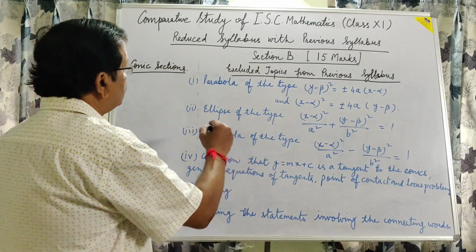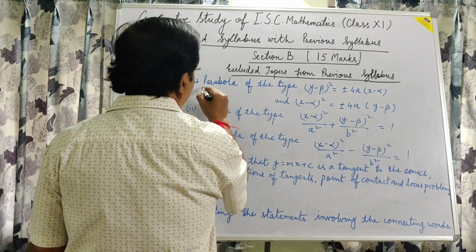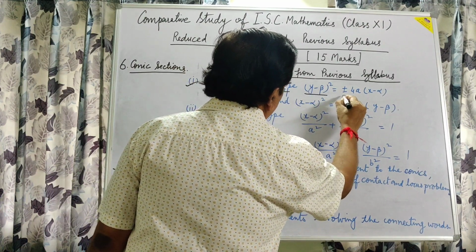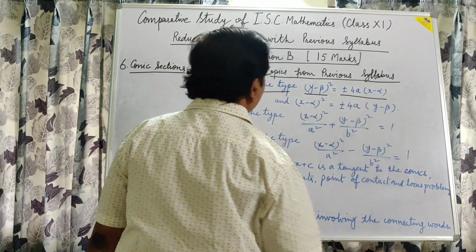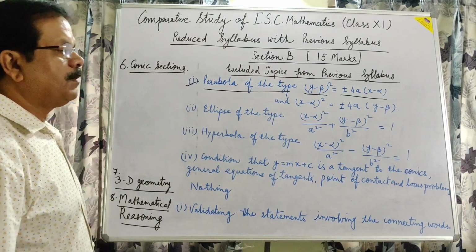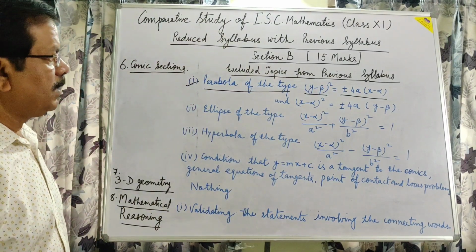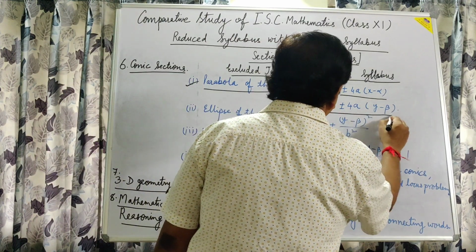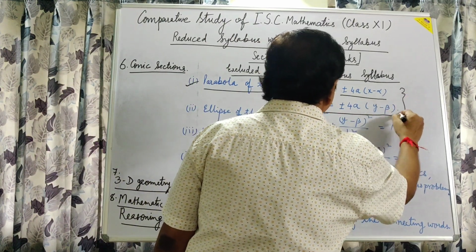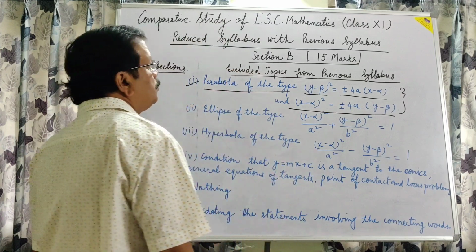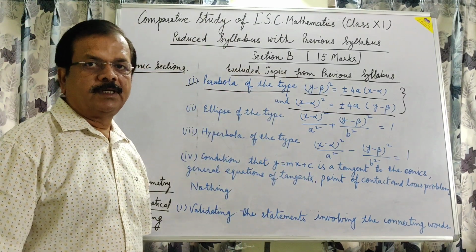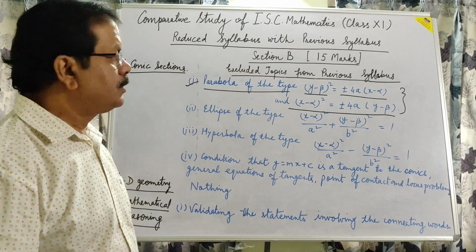That is, first one, parabola of the type (y minus beta) whole square equals plus minus 4a (x minus alpha), and (x minus alpha) whole square equals plus minus 4a (y minus beta). These 2 types of parabola will not be there in the reduced syllabus.